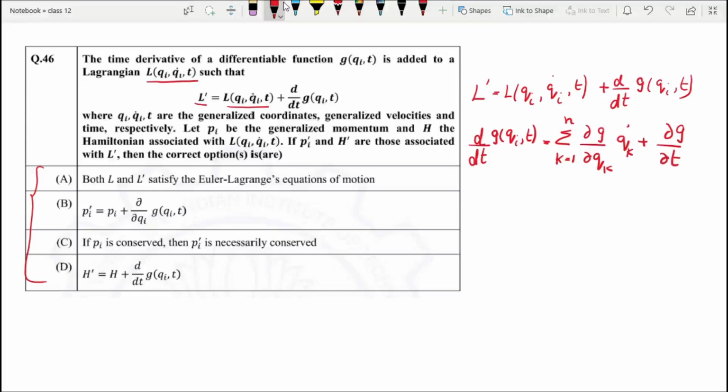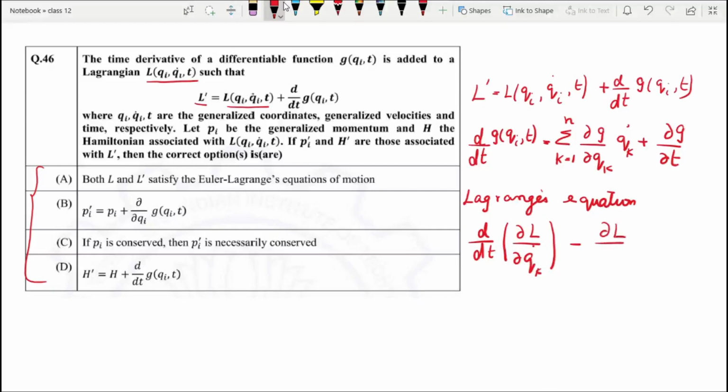Then we have studied what the Lagrange equation is: d by dt of del L by del qk dot minus del L by del qk is equal to 0.